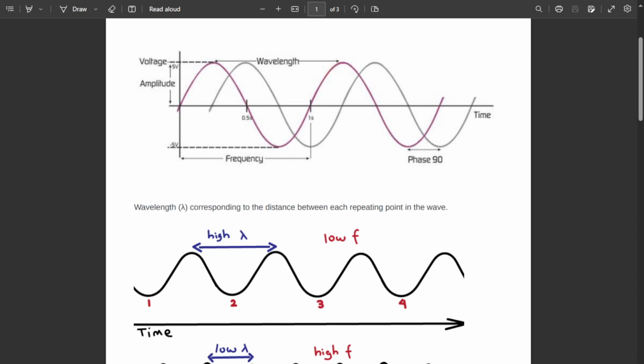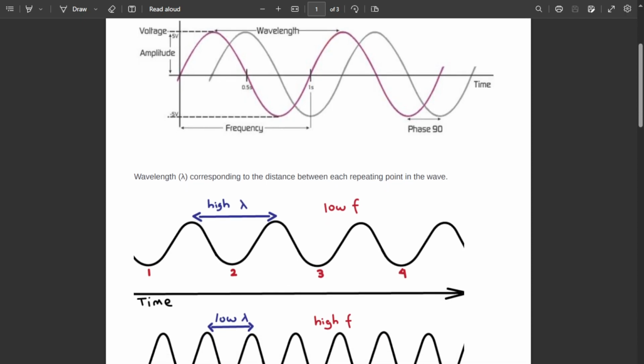So you can say here that frequency refers to the number of cycles a wave completes in a given unit of time. This is the one cycle: from the 0, this is the positive waveform, and from the 0, this is the negative waveform, and it is called one complete cycle.